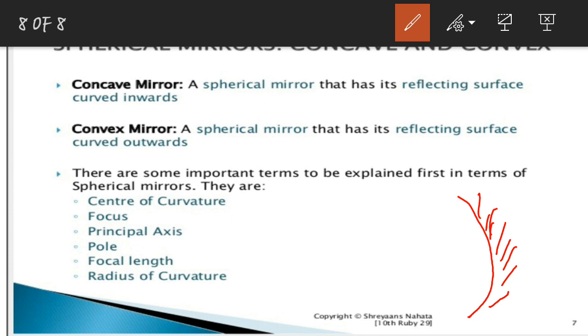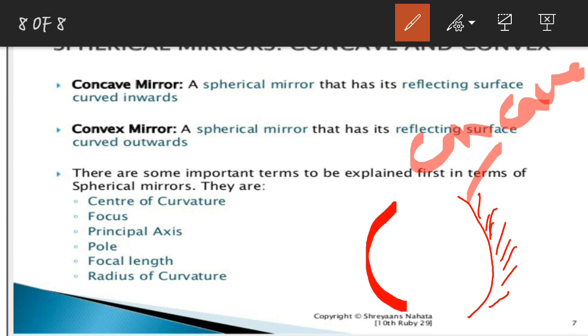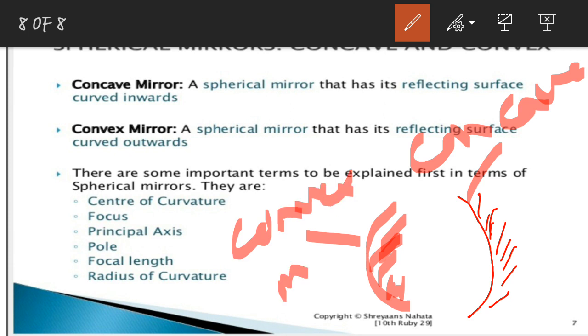This is the reflecting surface, so this is a concave mirror. And a mirror which has the reflecting portion outward, means if we draw this portion, this is called a convex mirror.